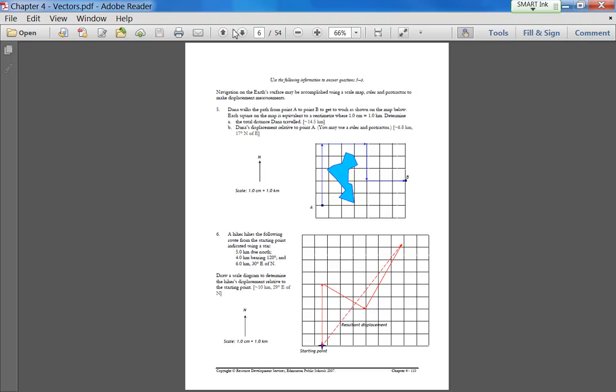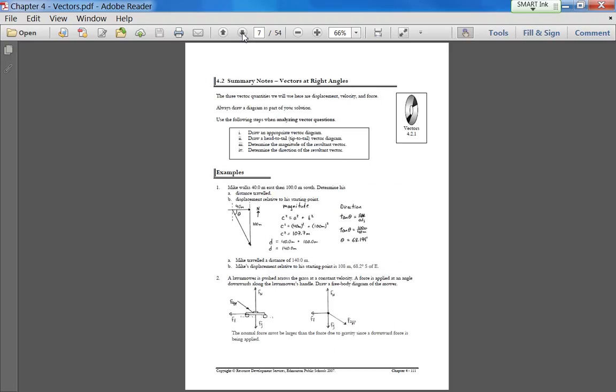It's pretty straightforward stuff. I would almost think this is basics. Okay, so work through 4.1. Don't worry too much about the scale. You're not going to have to do too much of that.